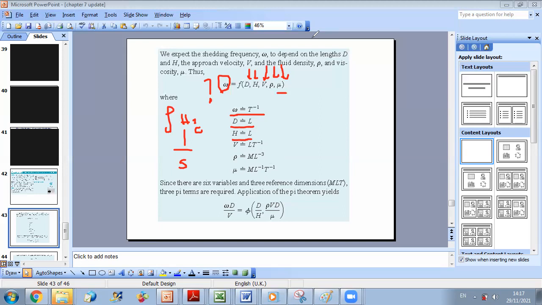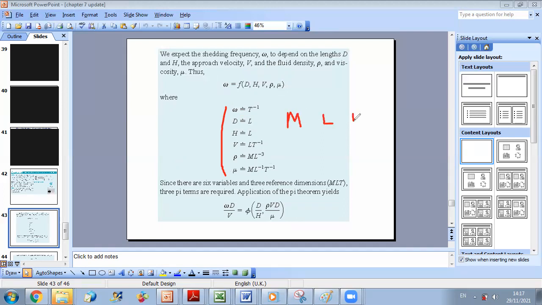So now, after I list the dimensions of my variables, I can see that I have three dimensions involved, which are M, L, and T. So now I can say that the number of variables n is equal to 1, 2, 3, 4, 5, 6, and j, which is the number of independent variables that cannot form a group, is smaller or equal to 3.